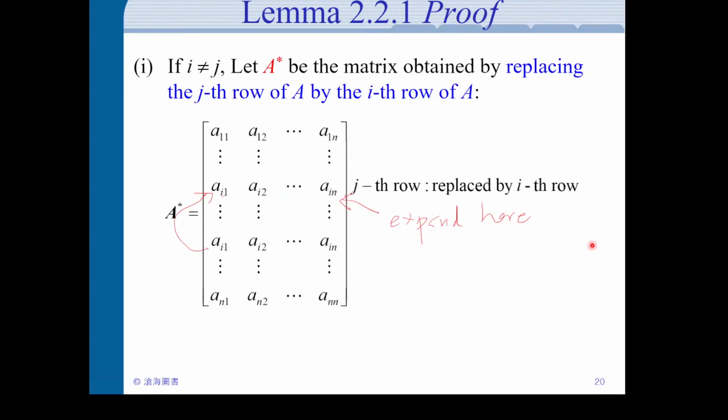A star is what you get when you replace the jth row of A with the ith row of A. So in the jth position, we have the ith row here. So this is the ith row.